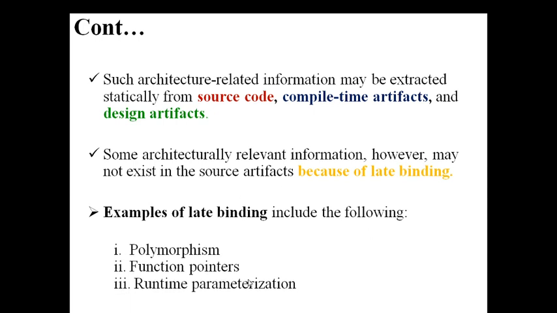What are those? Polymorphism, maintaining the same functions for different types of data. Function pointers, that is giving addresses, moving from one function to another with the same location. After moving that location, after changing that value, after executing, we may get the value. Until then we don't know, right? Runtime parameterization.